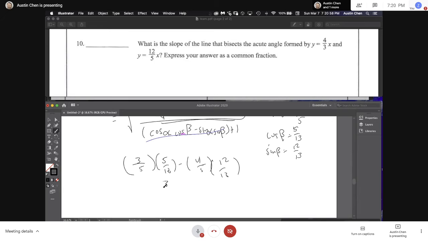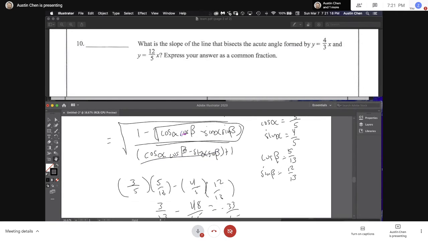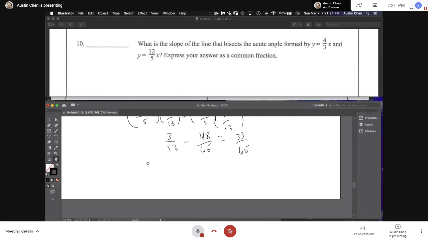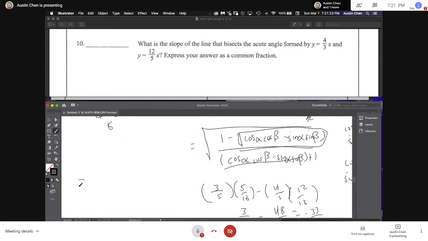And then this is going to be 3/13 minus 48/65. And if you simplify that, you should get -33/65. So this is that stuff, and we can just put it into both of them.